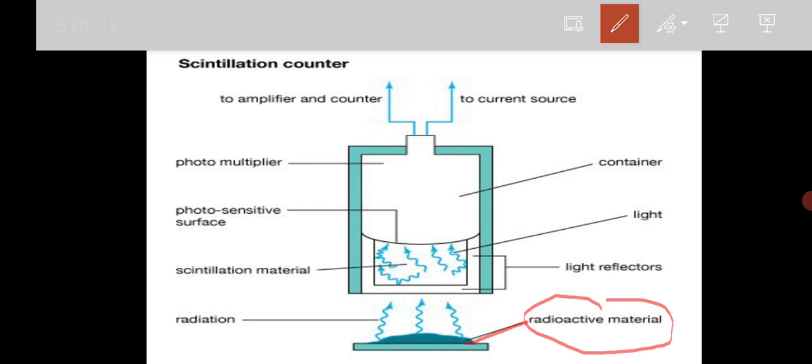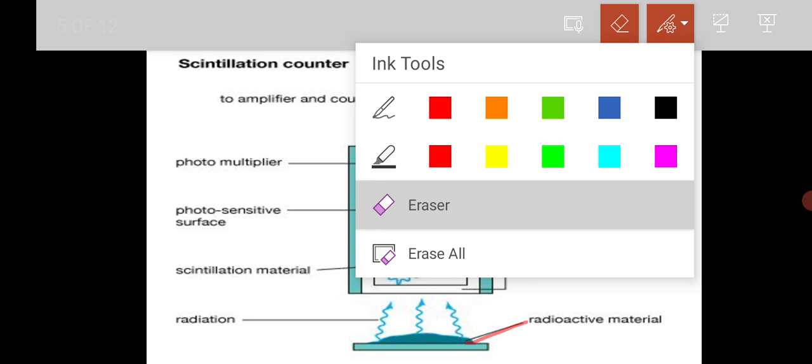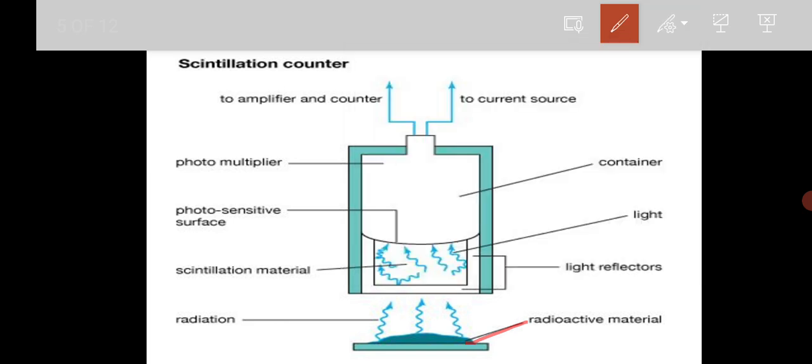This can be anything like uranium, or any radioactive substance. Uranium is an example, polonium is another one, strontium, cesium, radium, and other materials. So you have a material here which emits radiation.